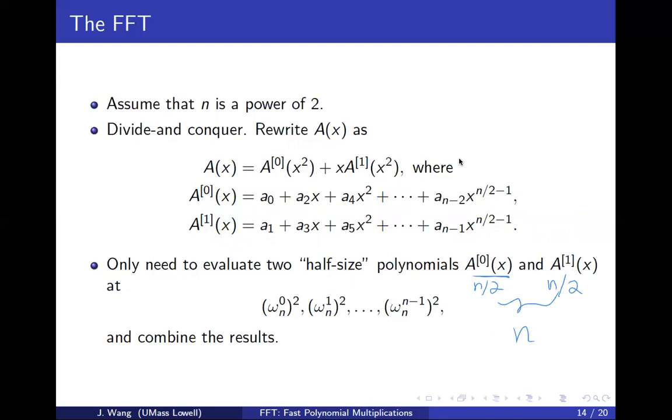Okay, so these are the points we look at. And then we need a square because we put square in here. So those are the points where we're going to evaluate A0 and A1. And then combine these results. Okay.